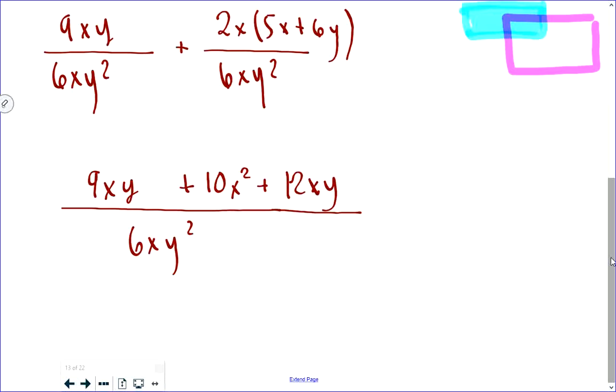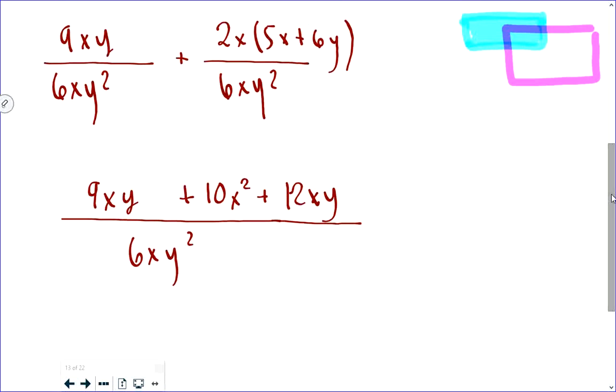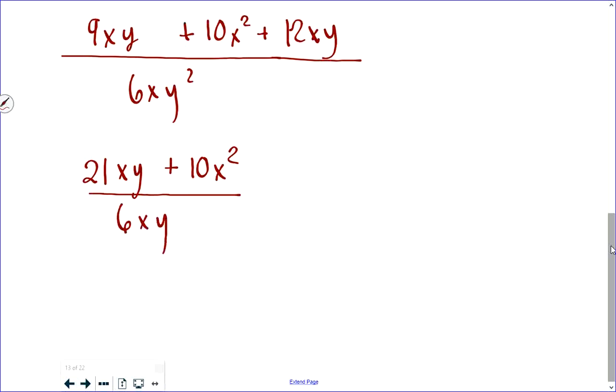Well, I do, and some of you will as well. Are you okay with that step? All right. So now I have xy terms on the top. I have 9 of them and 12 of them, which is 21. And I get that.